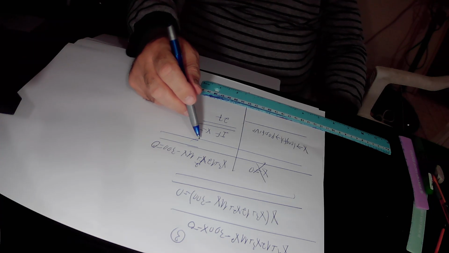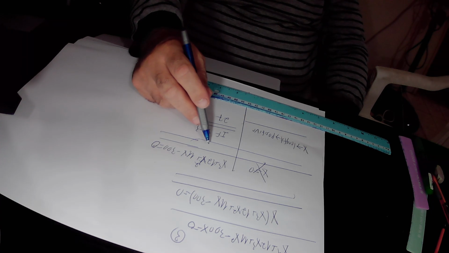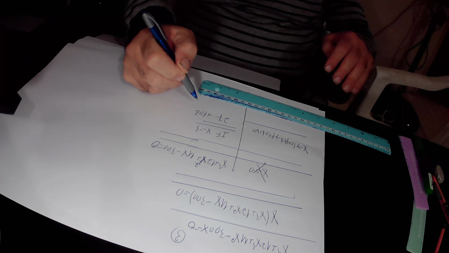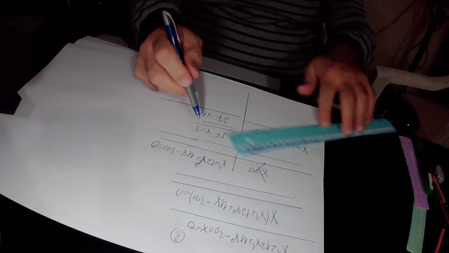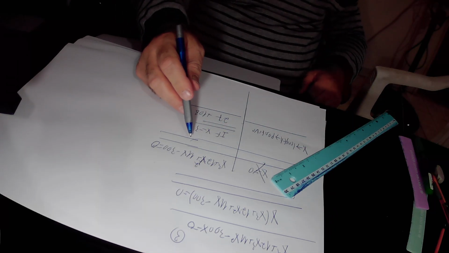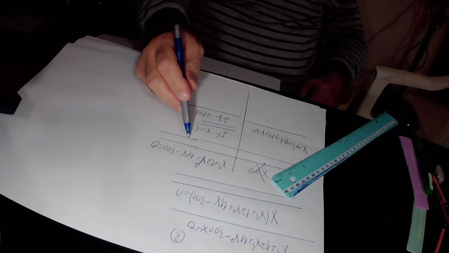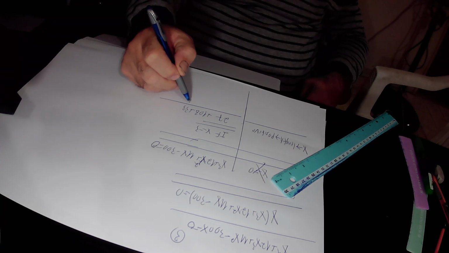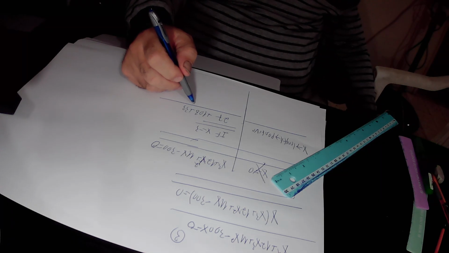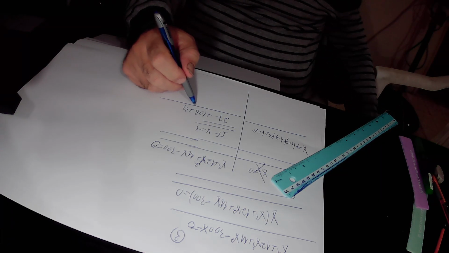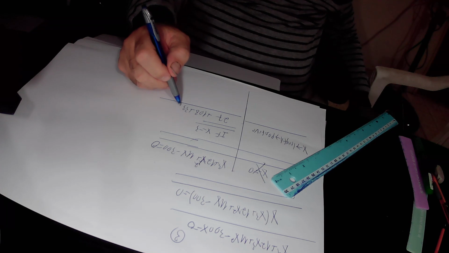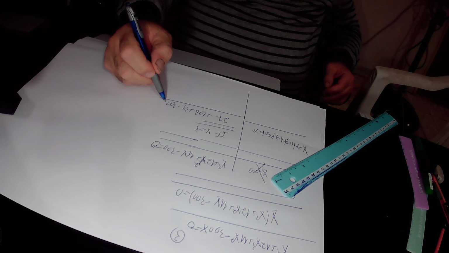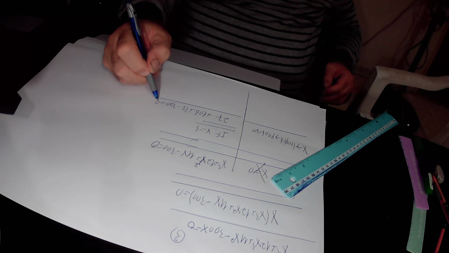X is 3, so x squared is 3 squared, which is 9. 9 times 12 is 108. Plus 11x. X is 3, so 11x is 11 times 3, that is 33. And we have here minus 300. Is it equal to 0 or not?